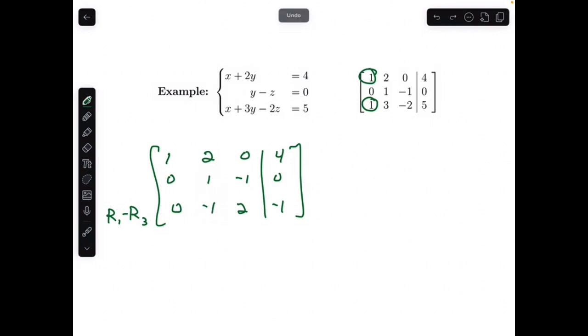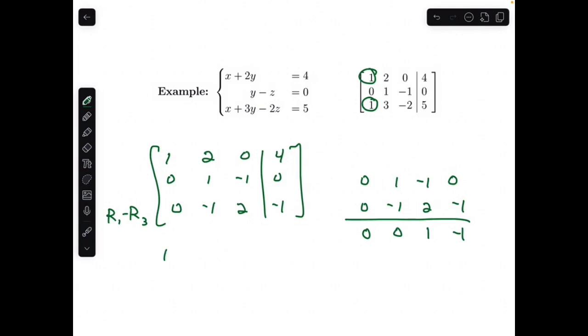So I'm going to take the second row and the third row, and I'm going to add them together. So I'm adding in all these places. 0 plus 0, 1 plus -1, -1 plus 2, and 0 plus -1. This is going to be my new third row.